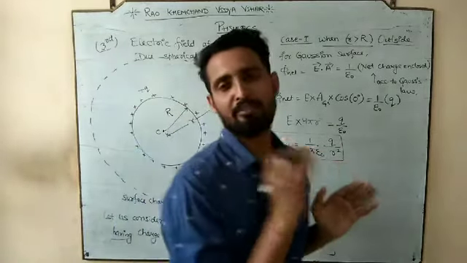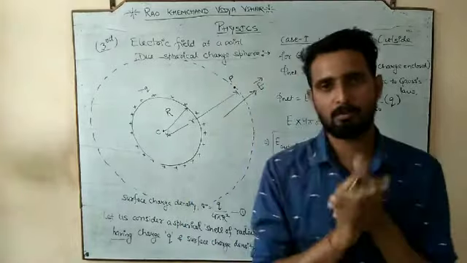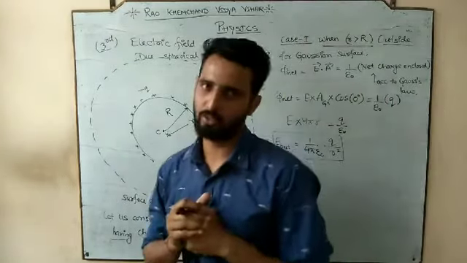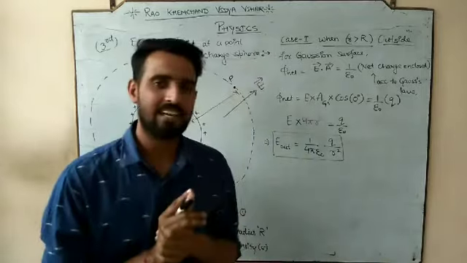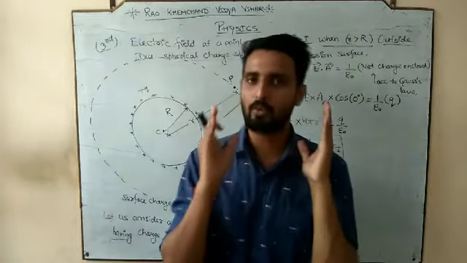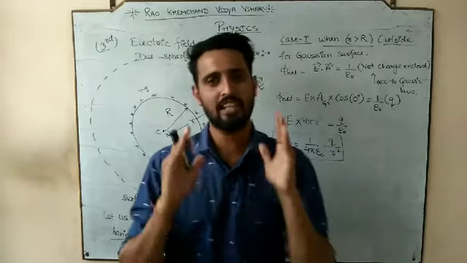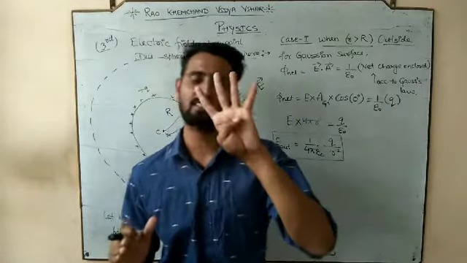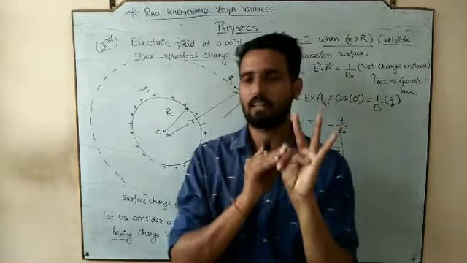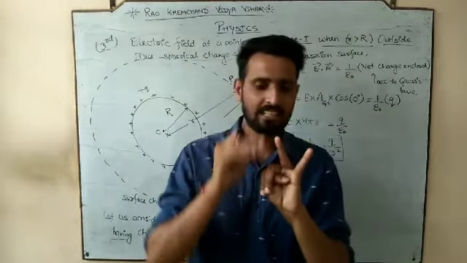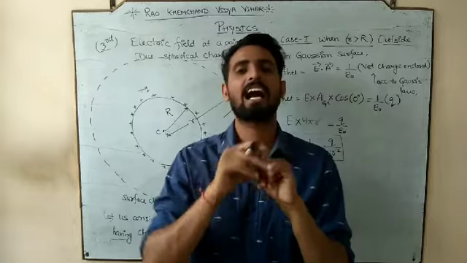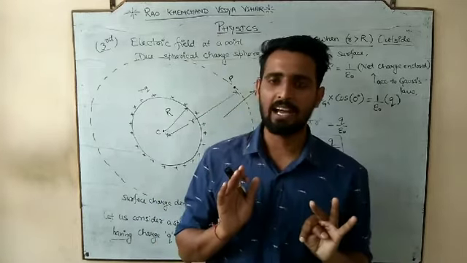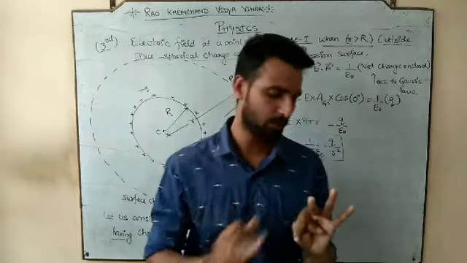But before that, I want to clear one more thing. Since this is the third and last application of Gauss's law, at the first lecture I clearly mentioned that we are going to divide electrostatics into 4 sections: electric force, electric field, electric potential, and electric capacitance. Electric force has been done by us, and we have done the numericals related to that.